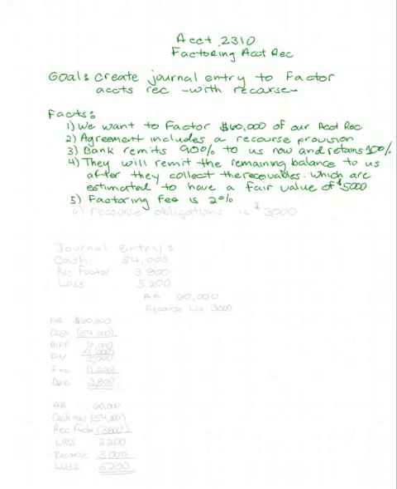They'll remit that remaining balance to us after they collect the receivables, which are estimated to have a fair value of $5,000. The factoring fee is 2%, and finally, the last thing we need to know is the recourse obligation. In our example, the recourse obligation is going to be $3,000.